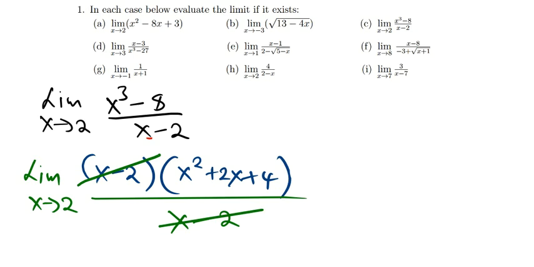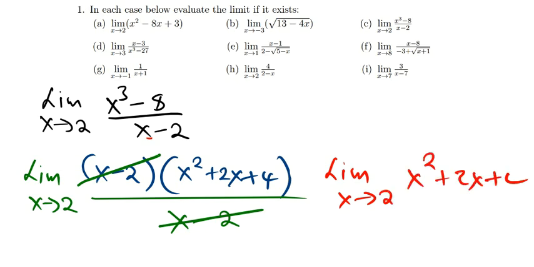So that we just remain with the limit as x approaches 2, and the only expression that stands out is x squared plus 2x plus 4, which is a polynomial, and that makes things easier. It's a quadratic function, it's continuous, so you can just substitute the value of 2 and you get your answer.